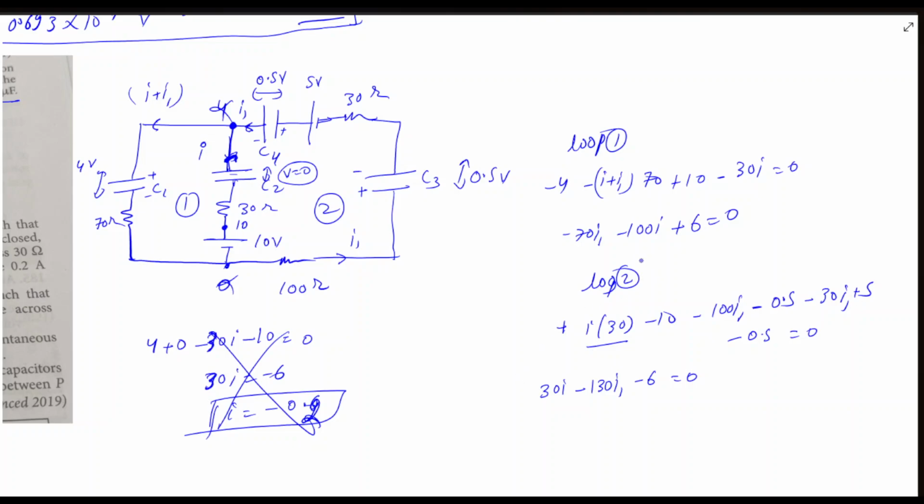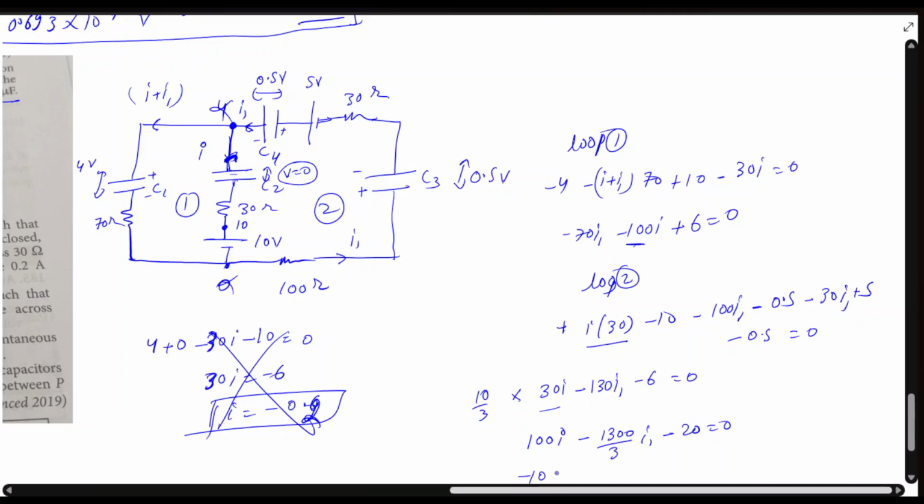So how will you solve it? So this is 100, this is 30I. So we'll just multiply it by 10 by 3. Okay, so we'll get 100I minus 1300 upon 3 I1, and this will be minus 20 equals 0, and we'll write it here minus 100I.